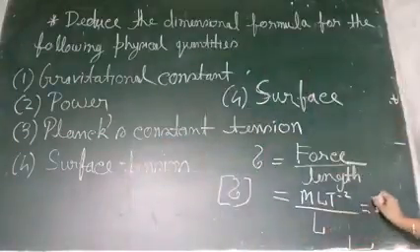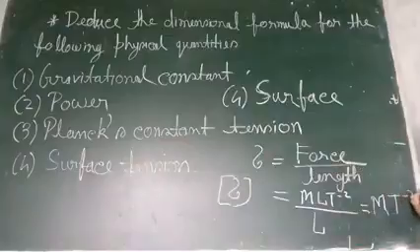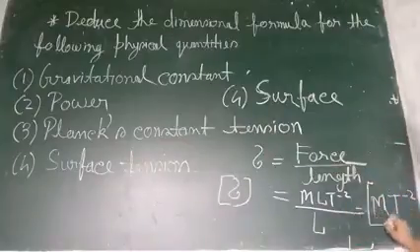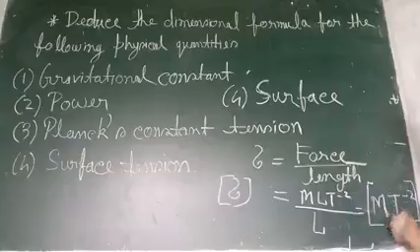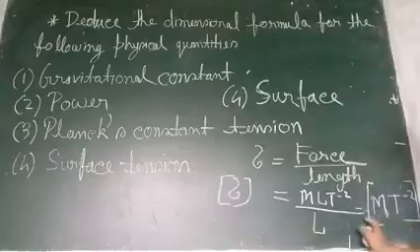So the result will be M T to the power minus 2. Actually, whenever you write the dimensional equation or formula, this bracket must be given here. So the result will be [M T to the power minus 2].